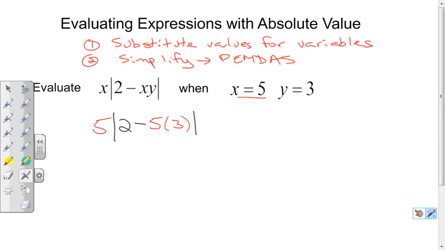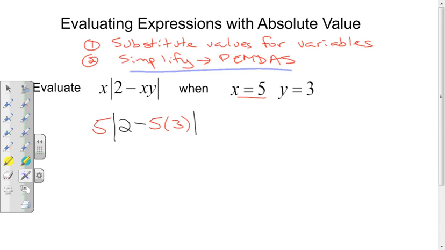Just a quick reread here. We have x, absolute value, 2 minus xy, absolute value. So I've only removed things from the problem to replace them with things that are equivalent and easier to deal with. So from here, we follow our simplifying rules next.